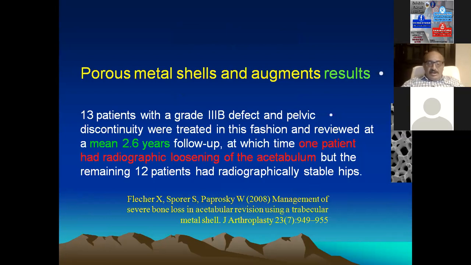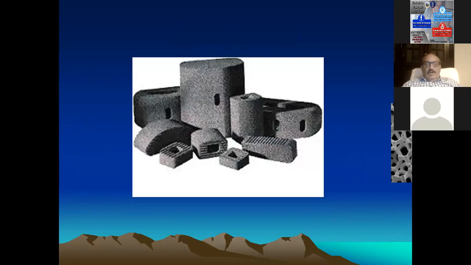Also, there is a lot of talk now about how to revise if there is infection. So it is good as regards availability, but also the price of these augments is very expensive. There are a lot of shapes and techniques.